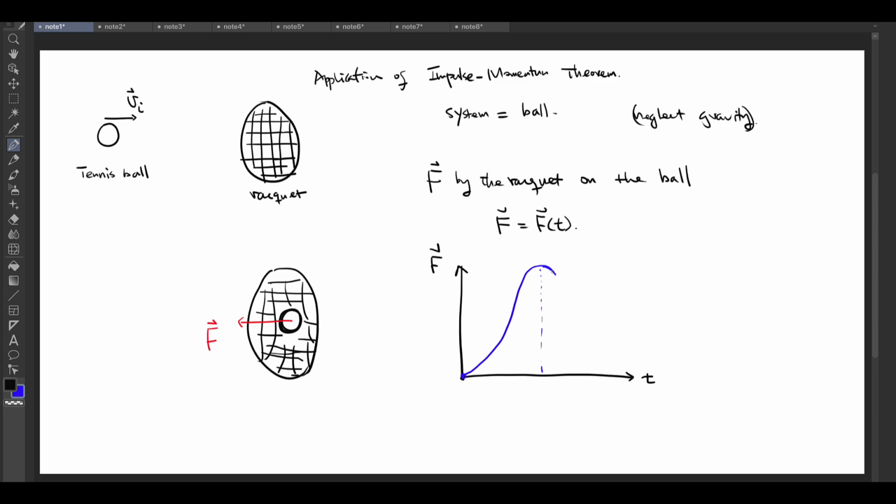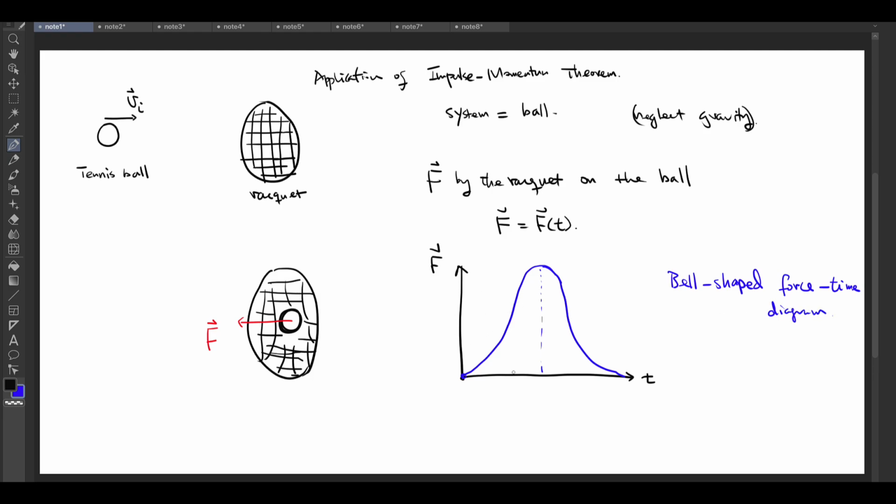And then later on, when the string tries to return to its original length, the ball is being pushed backward, and that will correspond to the other side of the bell shape. So the shape here is a bell-shaped force versus time diagram.